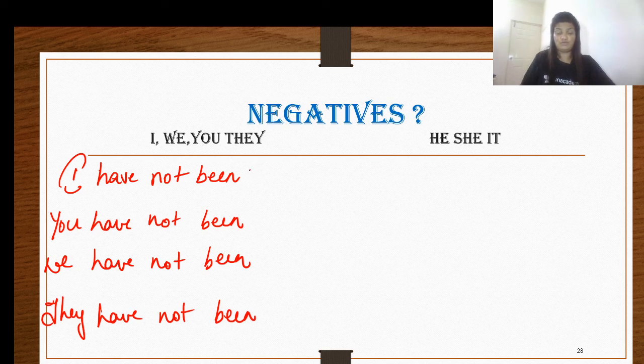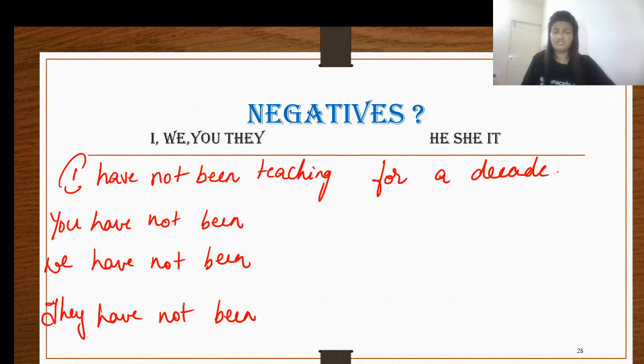Now you got to bring in your ing verb. It could be teaching for a decade. All right, I have not been teaching for a decade. I'm teaching more than that. I started way back, or less than that, maybe 8 years. Not for a decade, but for 8 years.